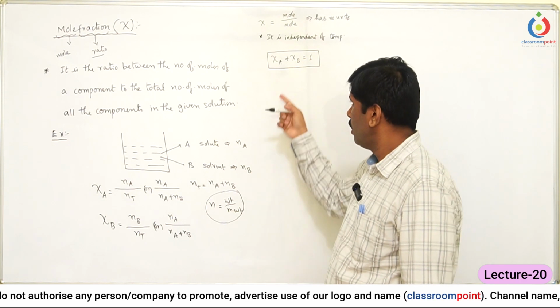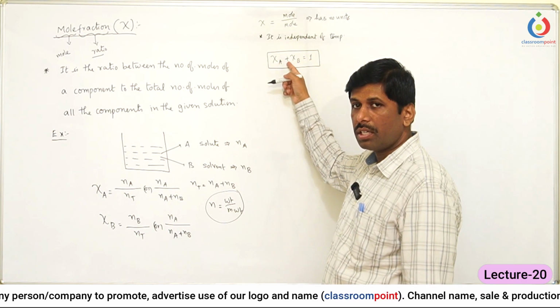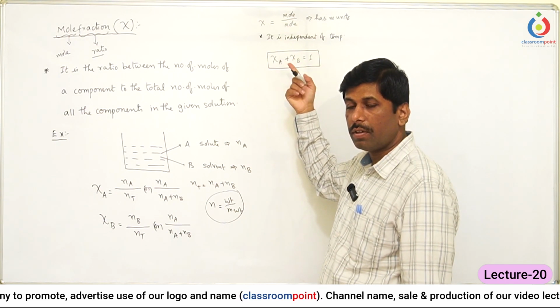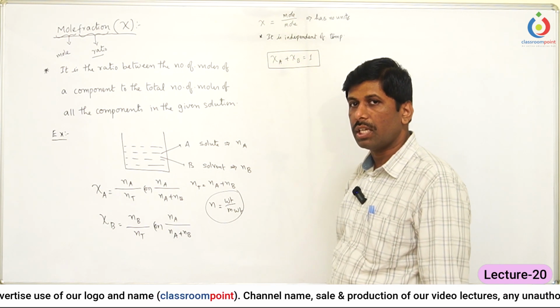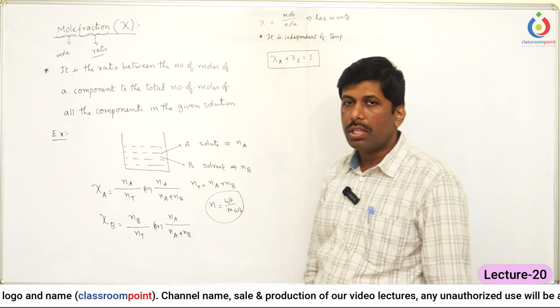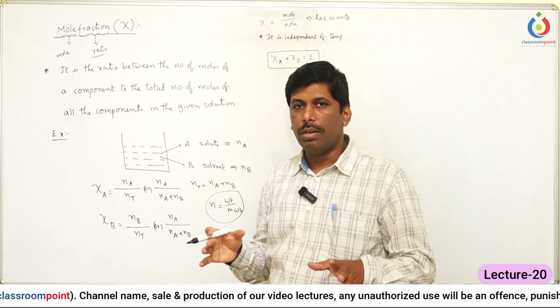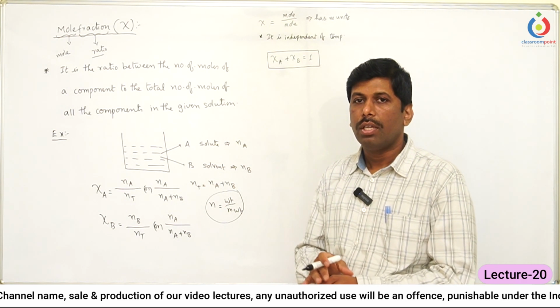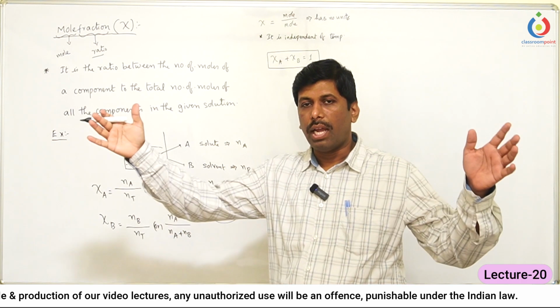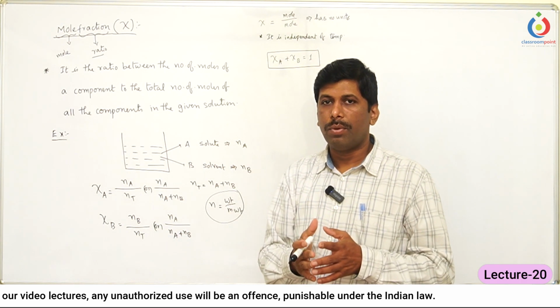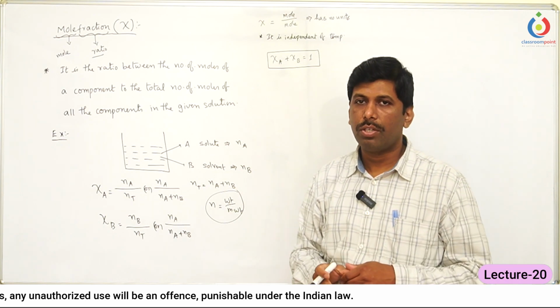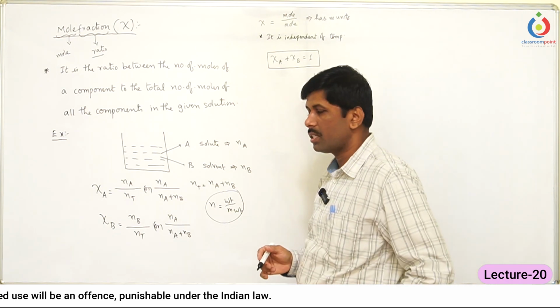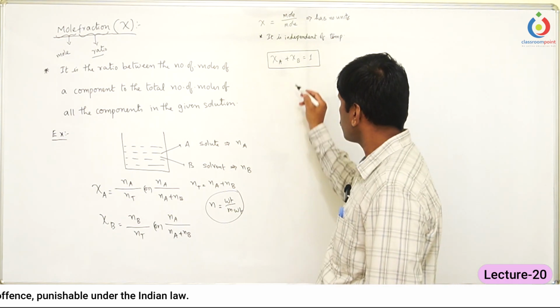If 3 are there, mole fraction of A plus mole fraction of B plus the third one, mole fraction of C, together is also equal to again 1. So, whatever the number, for example, 100 components are present in the solution, adding the mole fractions of all these components, finally their value must be equal to only 1. That stands for the 100%.